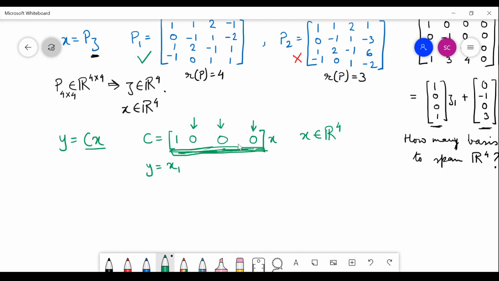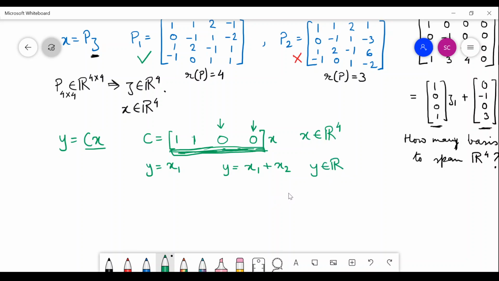So if your y was like x1 plus x2, then you would have utilized a 1 here. Now you can say that even then y is in R only, right?